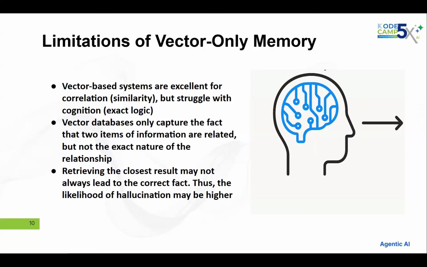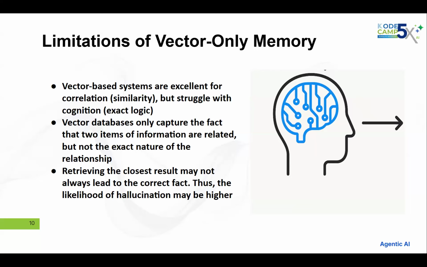Yes, I know they are in the same citrus family. Is there any further logic that needs to be known, apart from their relationship in the vector space, that can lead to hallucination? An orange is similar to a tangerine, right? Yes, sir.